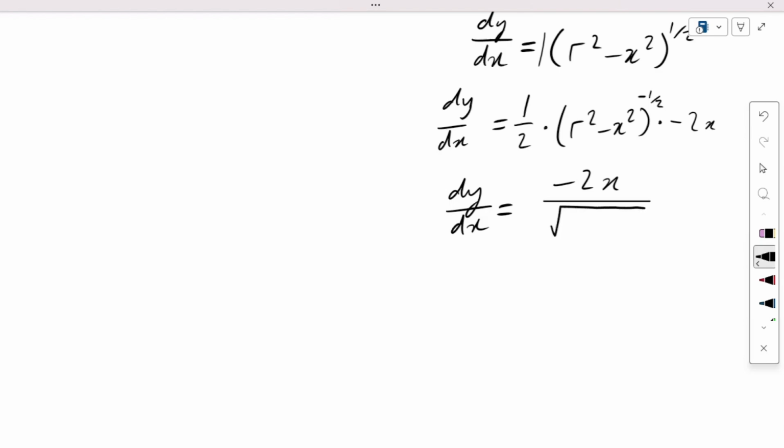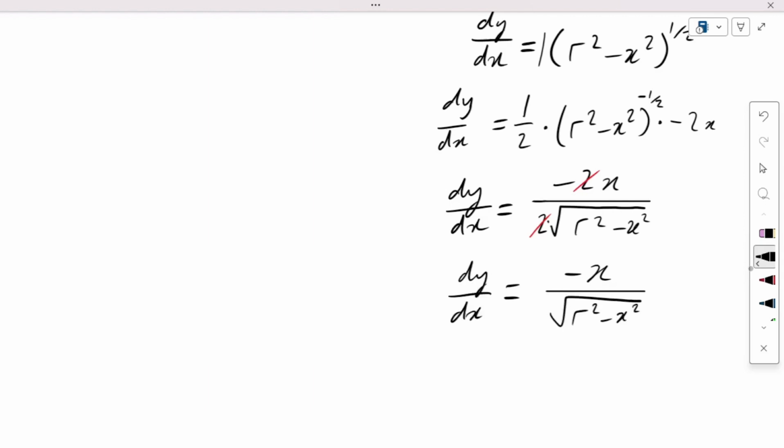It's going to be the square root of r squared minus x squared, and this is multiplied by 2 because of this 1 over 2. I'm forgetting a lot of things here. Okay, so from this point we can cancel out the 2's, such that we are left with negative x divided by root r squared minus x squared is equal to dy by dx.